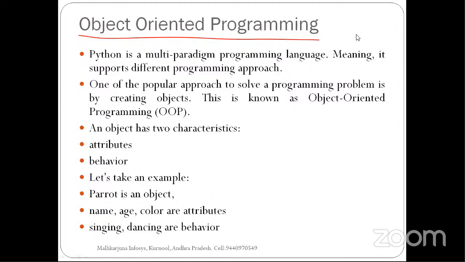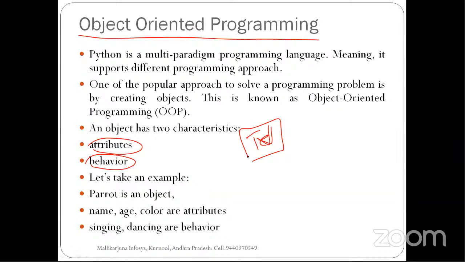When you observe any object, whatever it may be, it has its own attributes and its own behavior. For example, if I take television as one object, TV, it has its own attributes and its own behavior.